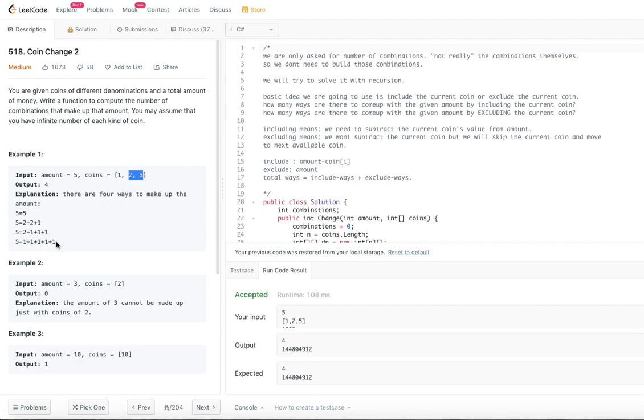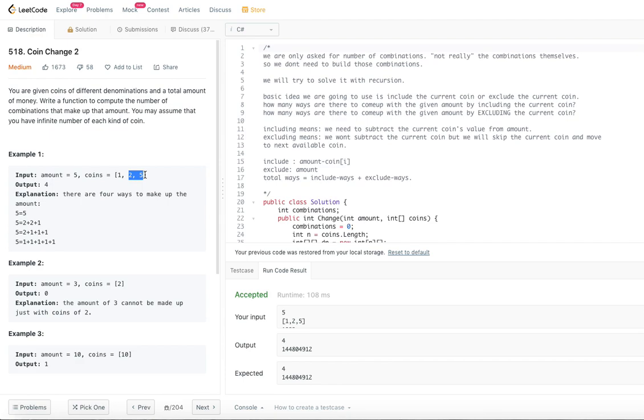So the number of ways using only 1, plus the number of ways with 2 and 5 without 1, added up, would be the number of ways to make the given amount. So we are trying to include one or more coins and exclude one or more coins. That's the basic recursion.